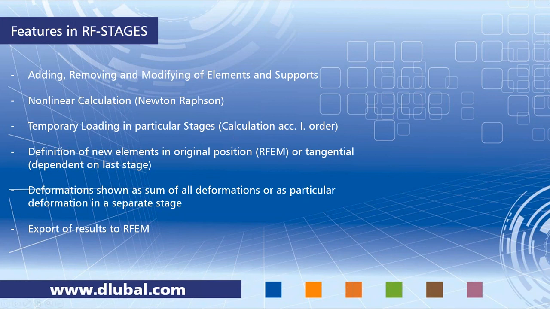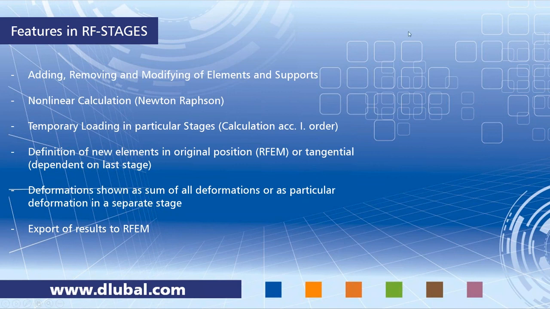You can show the deformations as a sum of deformations or as a particular deformation in the separate stage. That's what I want to show you after this slide in a small example. And of course, you can export these results to RFEM as a result combination to use it for a design or for printing the results for a later analysis.